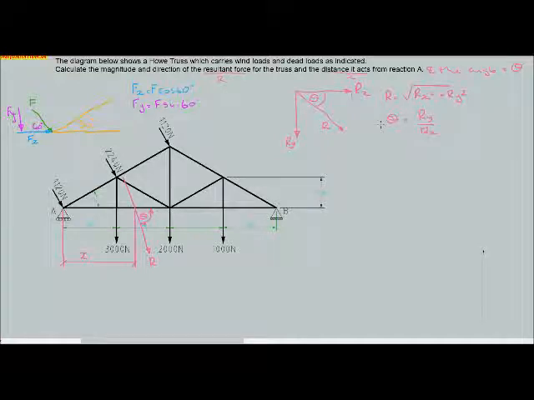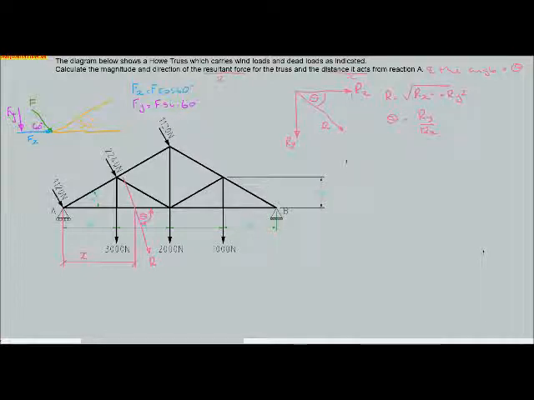So I can find these. Let's start by finding the horizontal component of these forces. It'll give us Rx, but we'll just start by finding Fx.